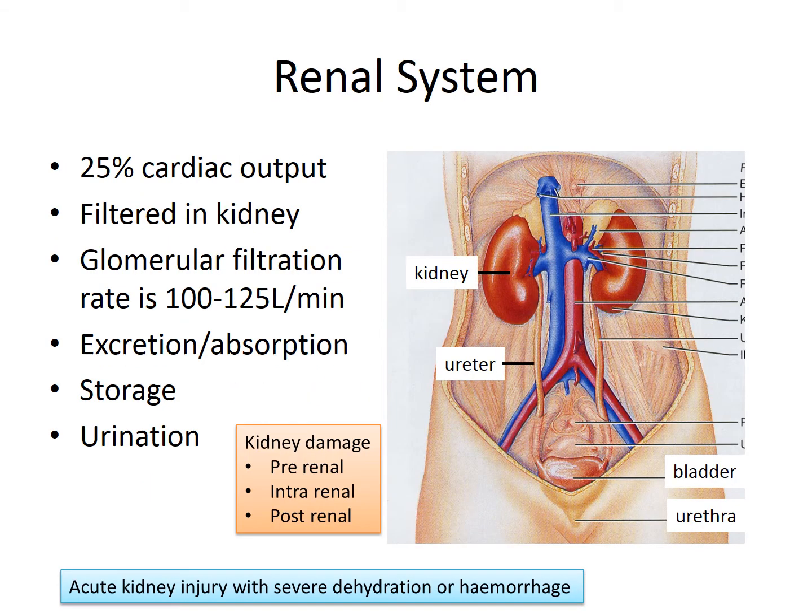So let's have a look at the anatomy of the renal system. I think one of the points that should be embedded into your consciousness is that the kidneys receive a lot of blood.